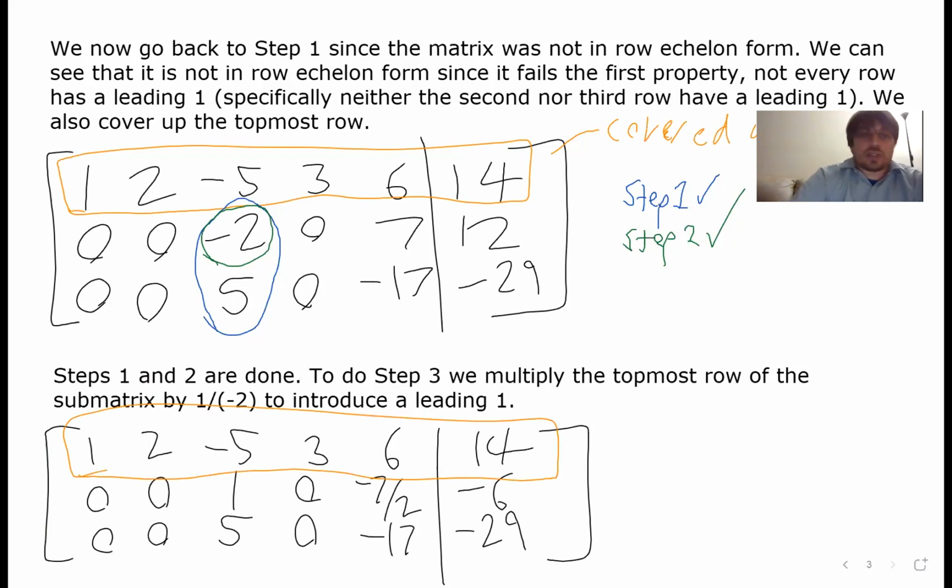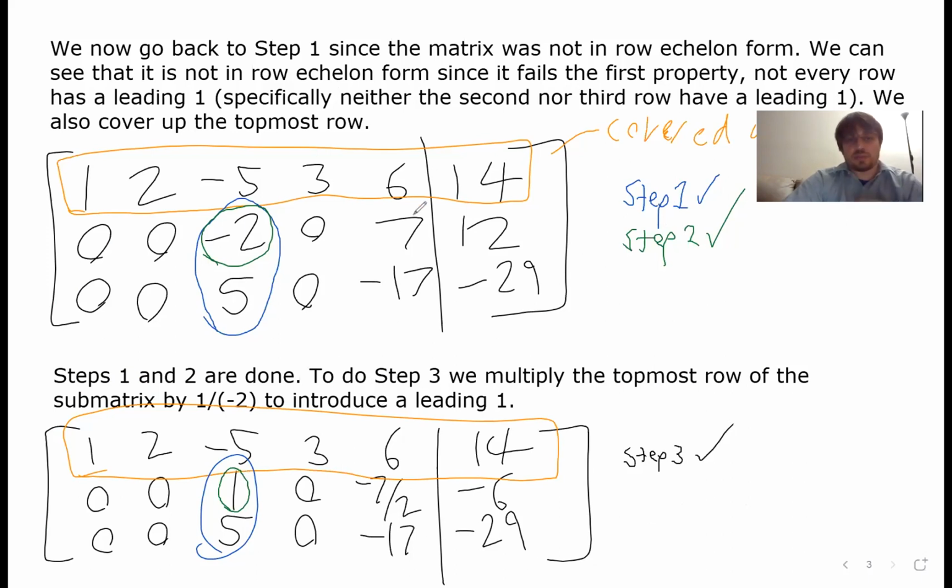And the leftmost non-zero column is there. And the topmost entry is now a leading 1. So now step 3 is done.